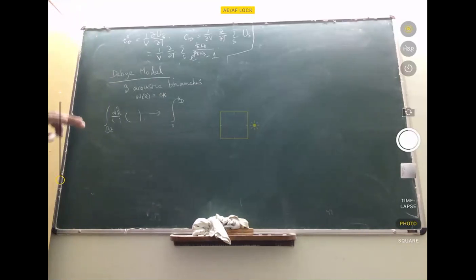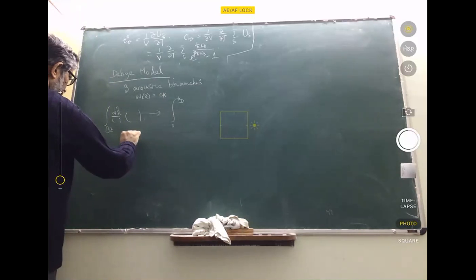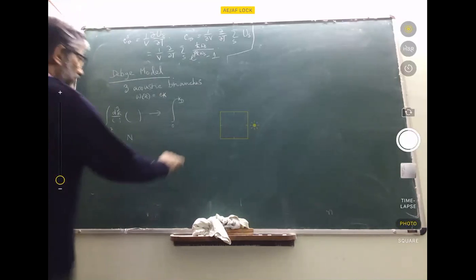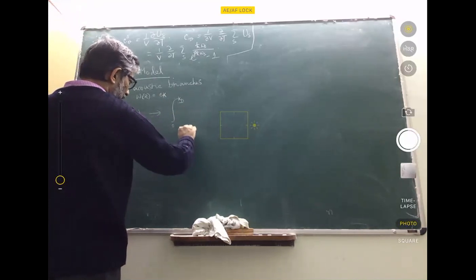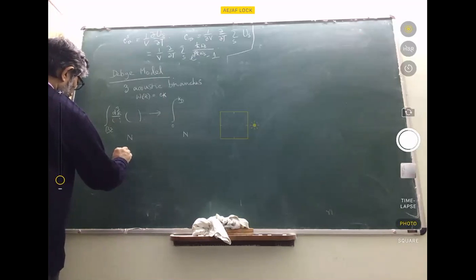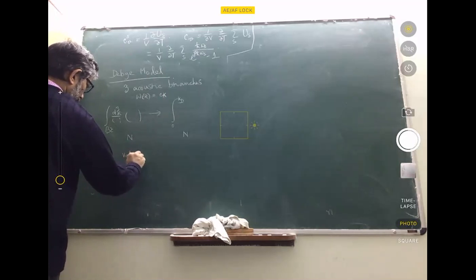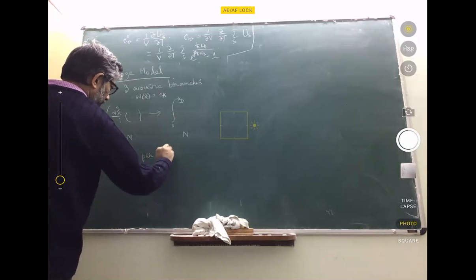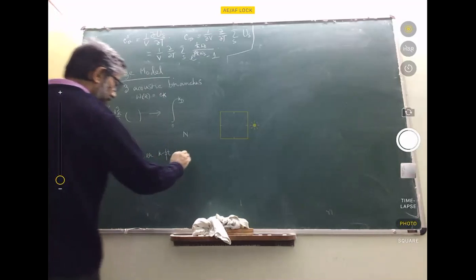Let's be clear about that. There are N k points in the Brillouin zone. This sphere of radius kD also contains N k points. From this information, how do we calculate kD? What is the volume in k space for each k point in the reciprocal space?